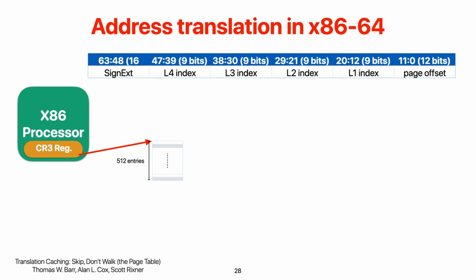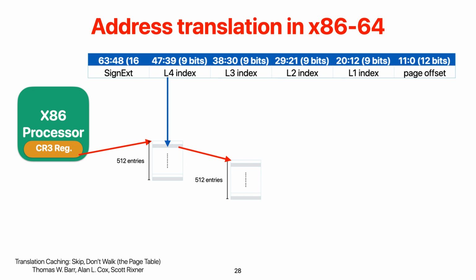When we traverse the page table, the top-level index, or the level 4 index, is used to locate an entry within the root table node that contains a pointer to the next-level page table node.